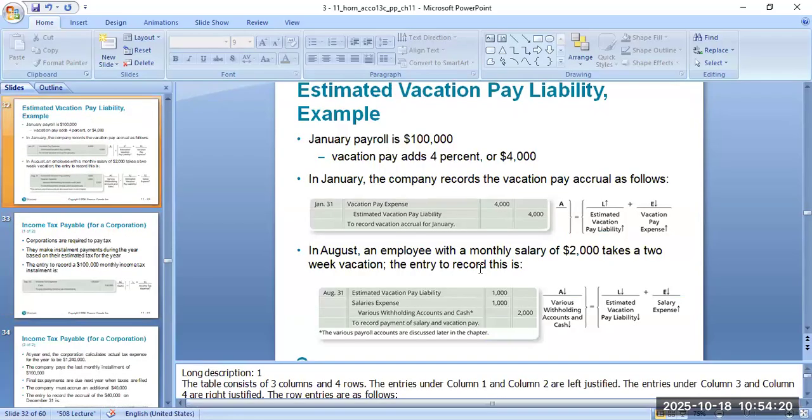So how are we going to do this? In January, payroll is $100,000. Now, since you are the accountants and you're going to continue with the accounting, the vacation is governed by the Basic Employment Standard Act.